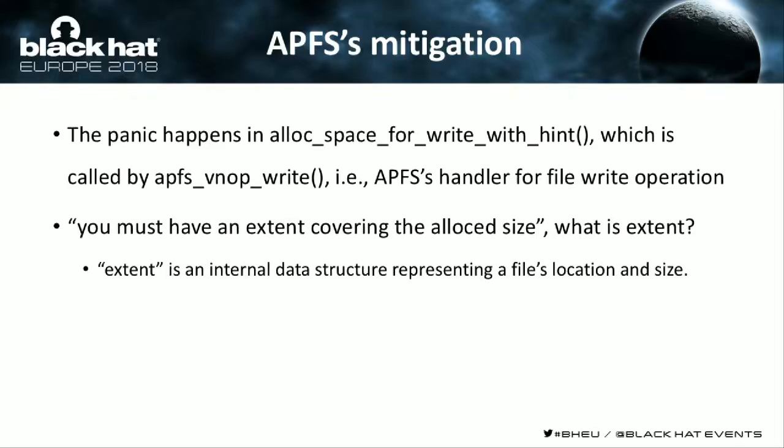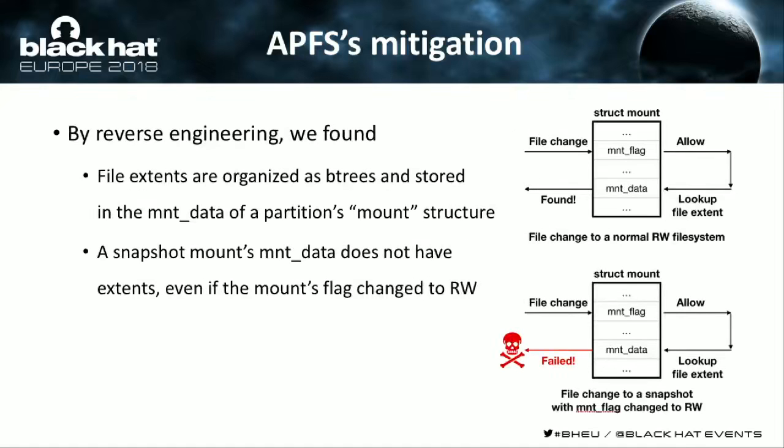In this string, we can see a new concept called extent. Actually, extent is a data structure representing a file's location and size. By reverse engineering, we found that file extents are organized as B trees and stored in the mount data field of the partition's mount structure.